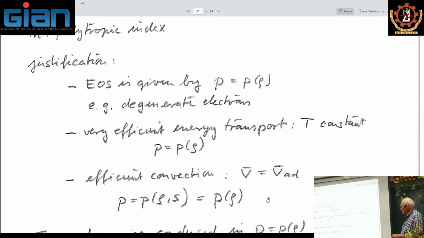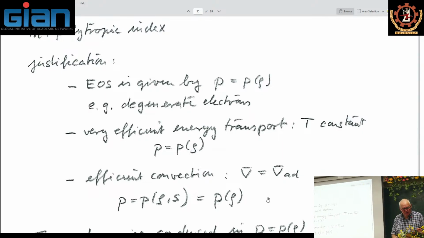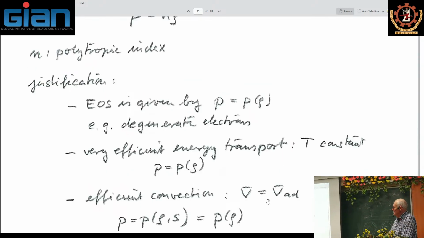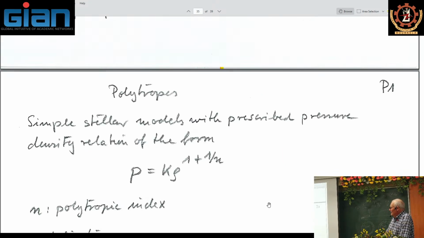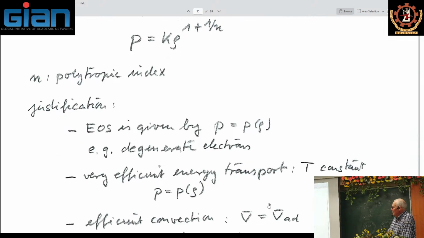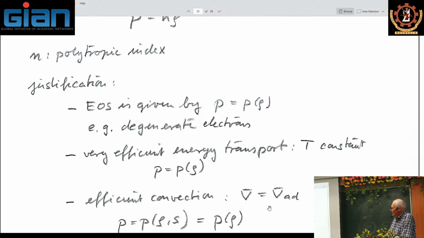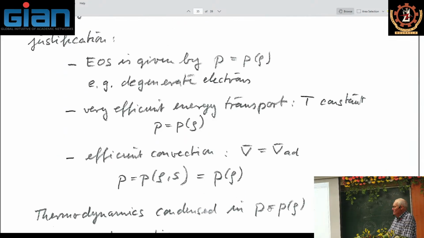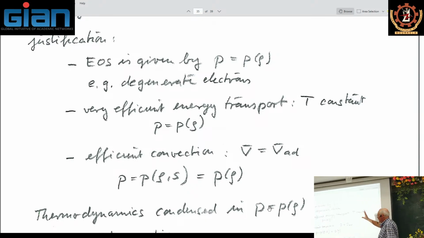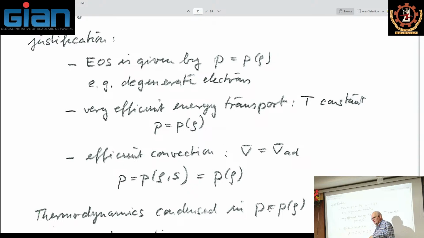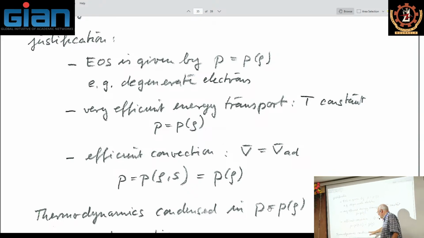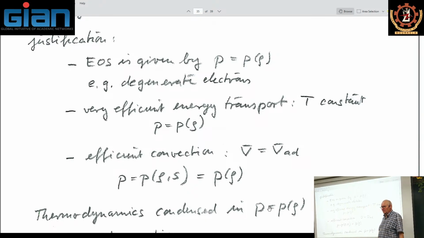Okay, so we have introduced this formal relation between pressure and density. And we have justified why we could describe at least some situations by this pressure-density relation. In some sense, both the equation of state and the thermodynamics of energy transport are, so to say, condensed in a pressure-density relation.